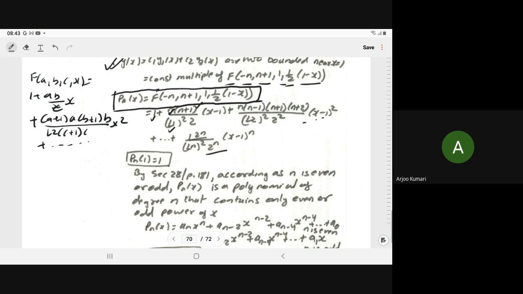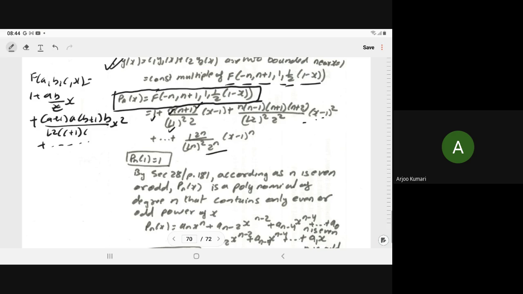So when we expand, in general, what is the solution form? We have a0 + a1 x + a2 x^2 + an x^n, and so on. Now, what is the coefficient of x^n? That is an.